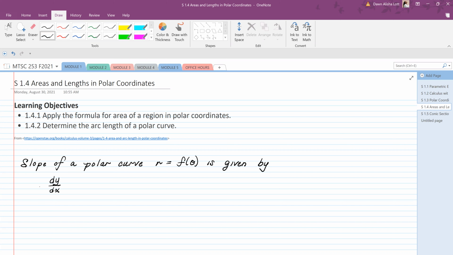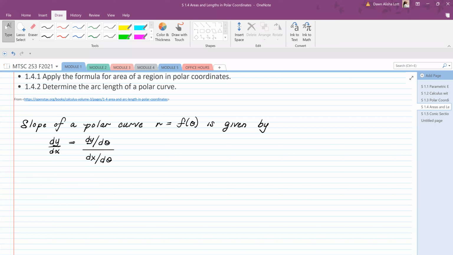It's still dy/dx. But we have to write this as dy/d theta divided by dx/d theta. Now this requires a little bit of work, and this assumes dx/d theta is not equal to 0. Otherwise, it's an infinite slope.